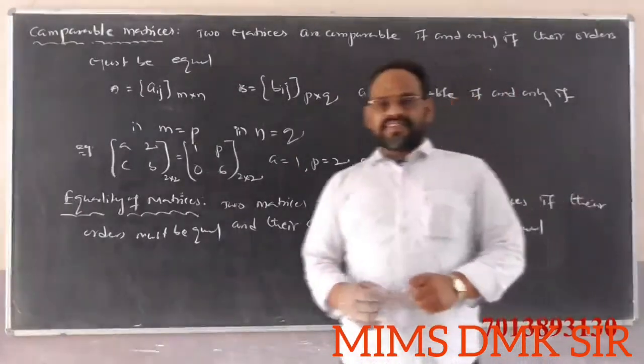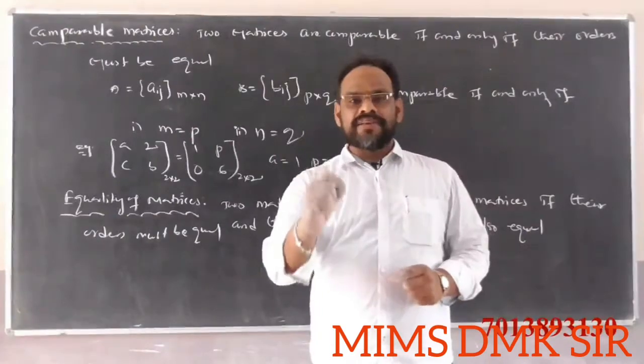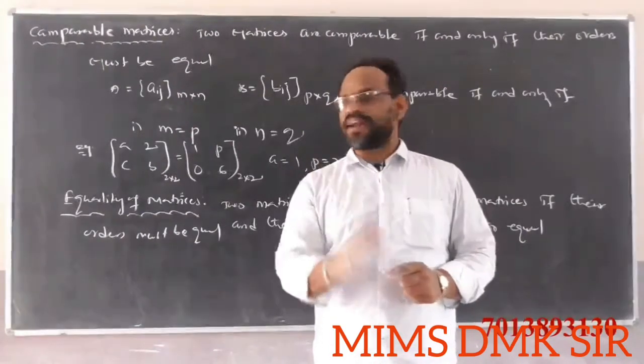Equality of two matrices, or equal matrices, means two matrices A and B are said to be equal matrices.